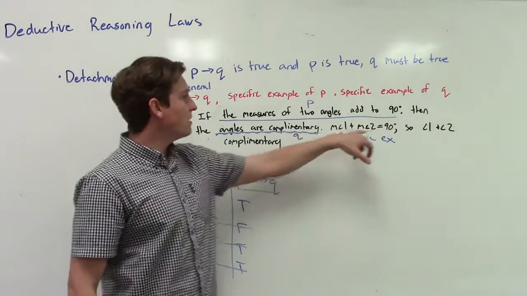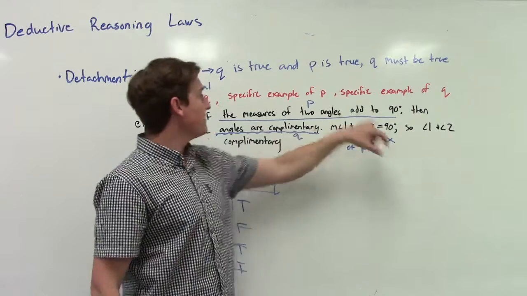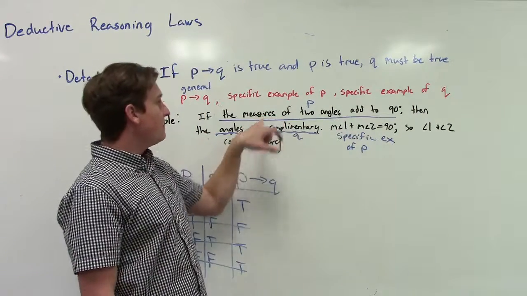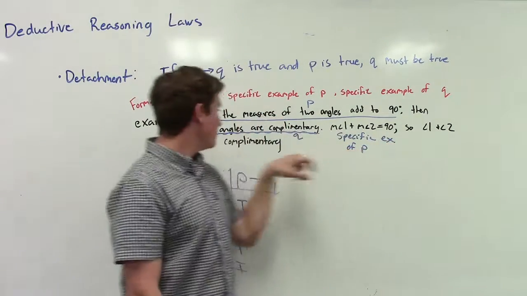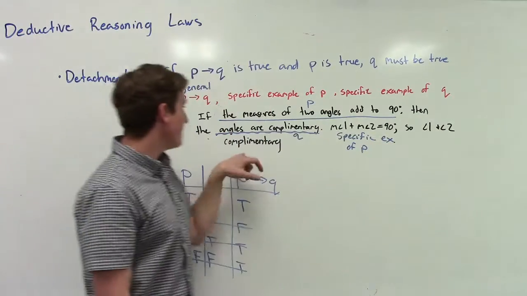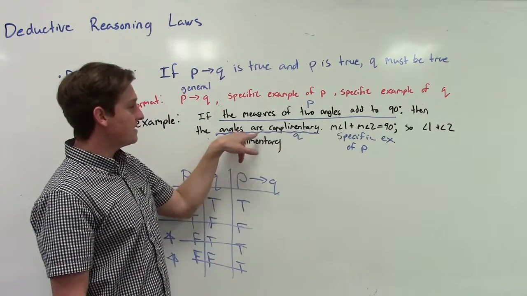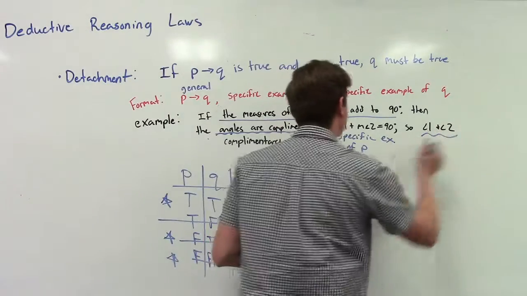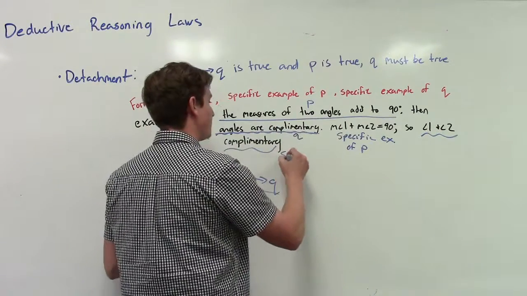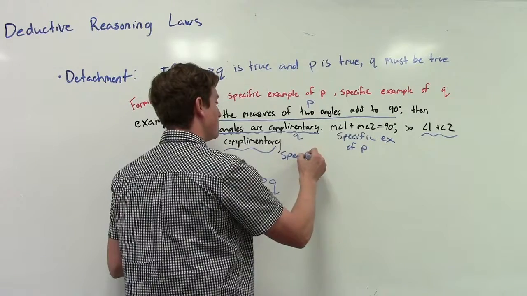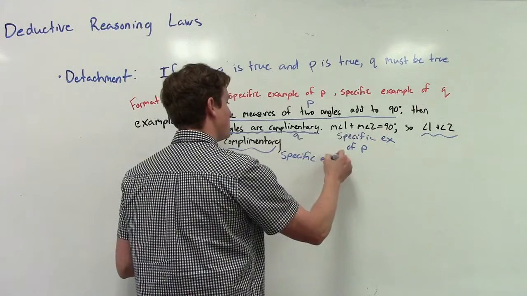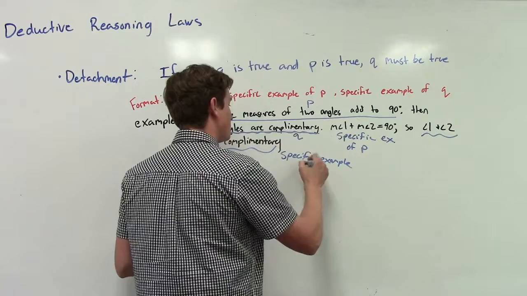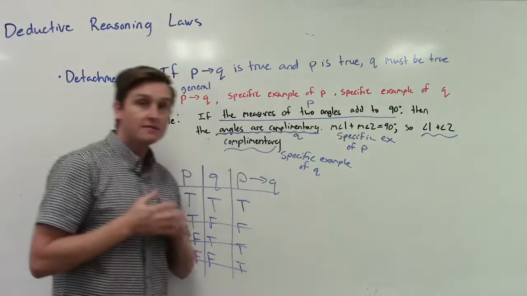So if the measure of angle 1 and the measure of angle 2 equal 90 degrees, okay, that's a specific example of P being true, then in that case, Q has to be true. Angle 1 and angle 2 have to be complementary, right? So it's a Q, but it's specific to these angles. So this right here is our specific example of Q.